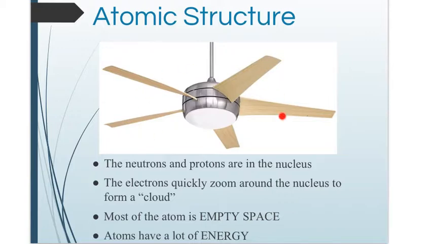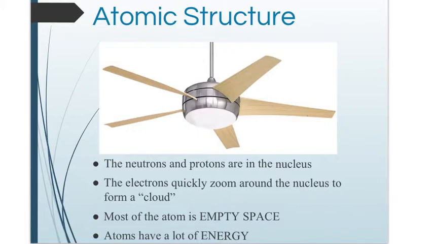They're moving around in a circle so fast that at any given time you can't pinpoint where the electron is. It's in what we call a cloud. So they're zooming around the nucleus to form a cloud. Most of the atom is empty space because it's moving around, and we can't always say exactly at any given point where an electron is.